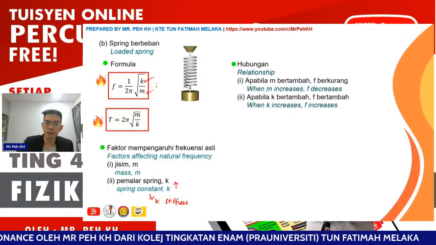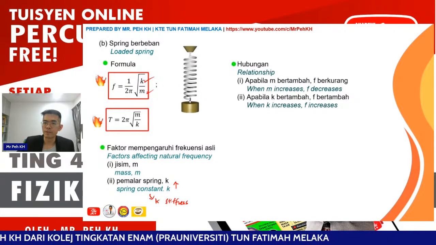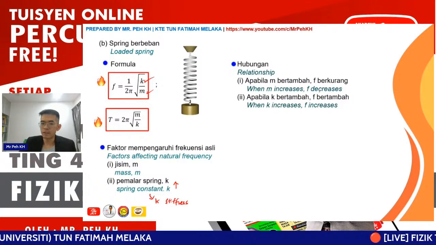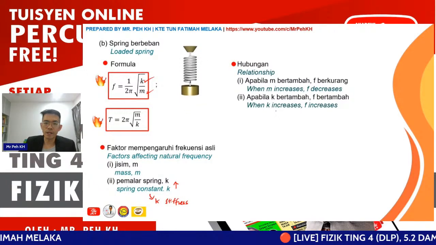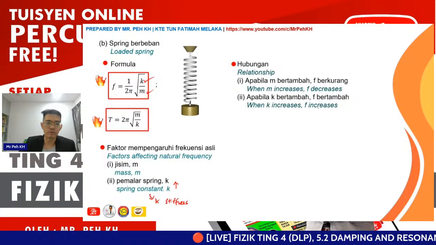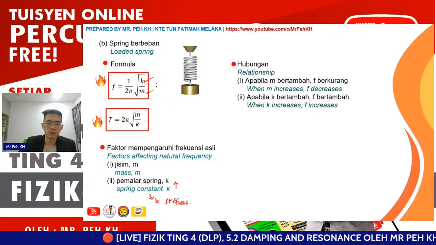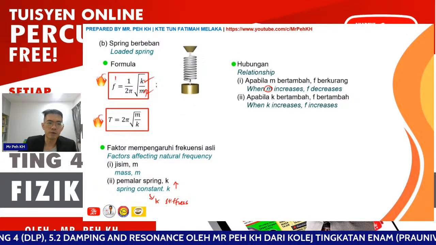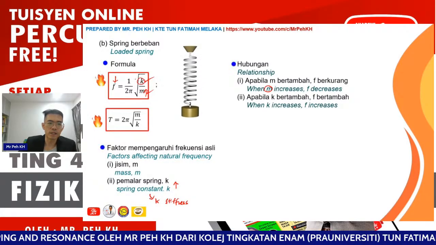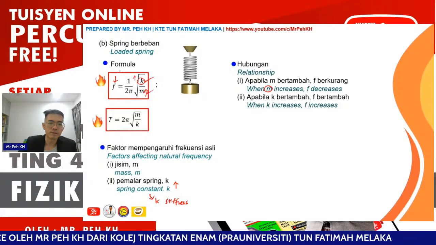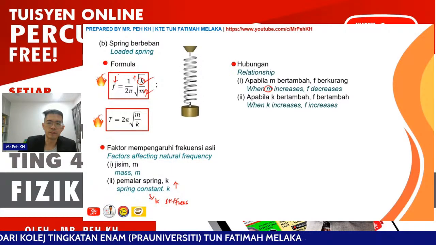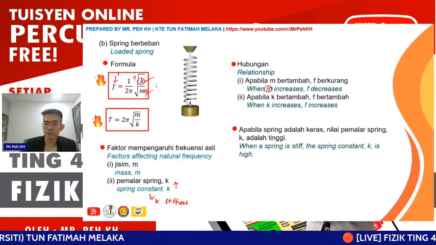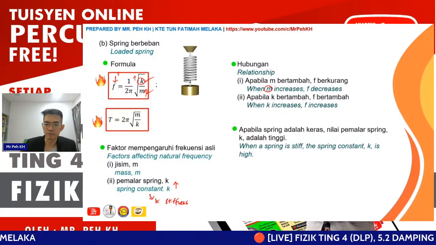So from here you can see the relationship: when m increases, f decreases. When k increases, f increases. As I explained just now, k represents the stiffness or hardness of the spring.